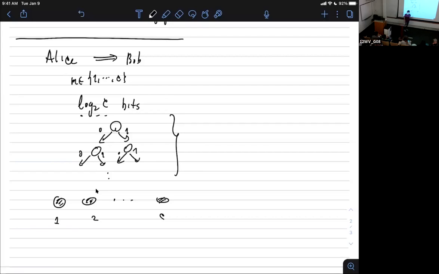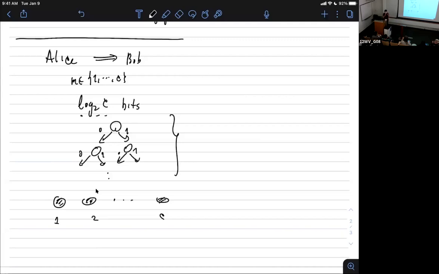All we need is just 1 bit. Why do we need just 1 bit? Because we just need to distinguish between those 2. Let's say there were 3 of them. So instead of all C of them, Bob already knows Alice so well that Bob can guess that it's always going to be one of these 3 words that Alice is going to say. Then what Alice needs, again, is only 2 bits, to tell Bob what she wants to say.